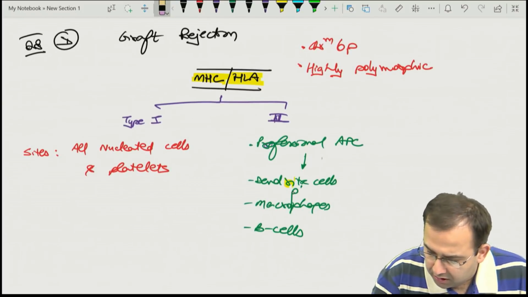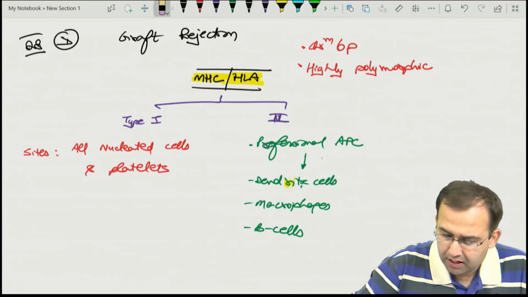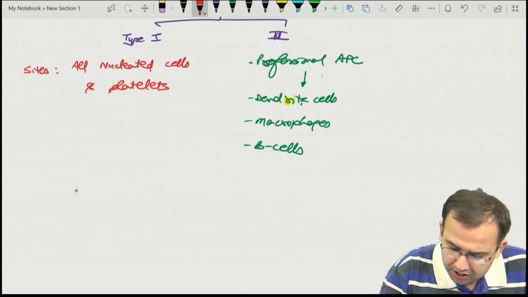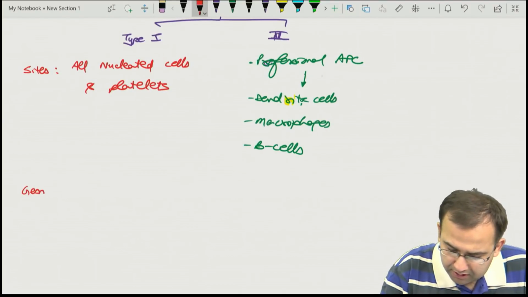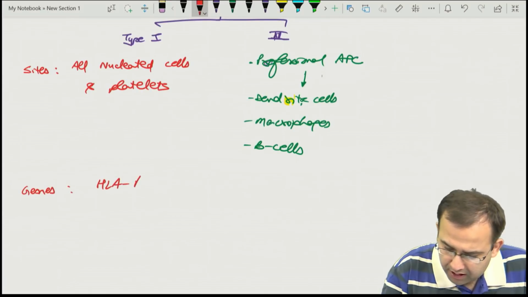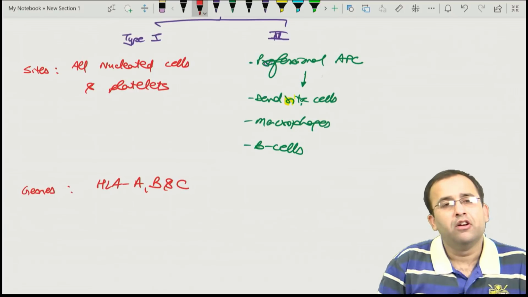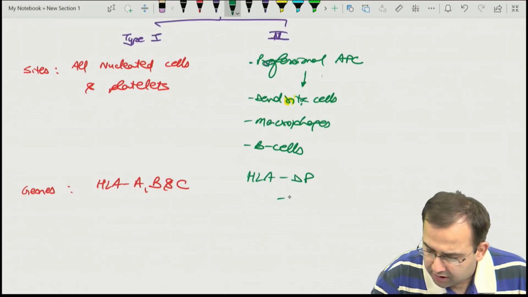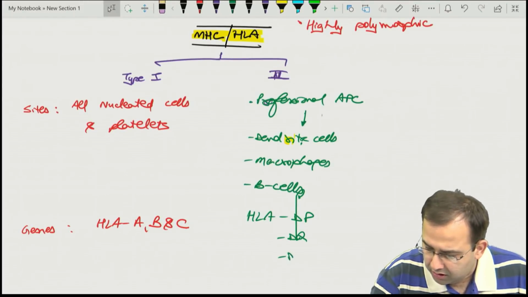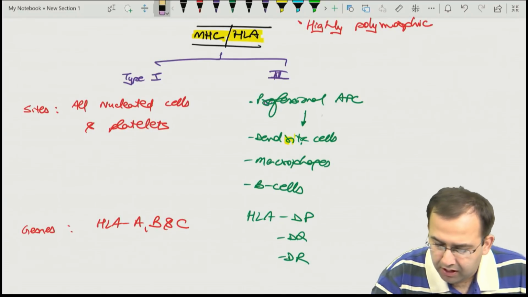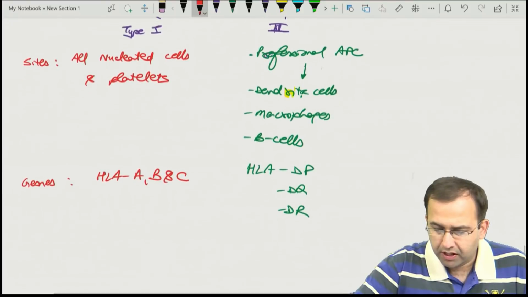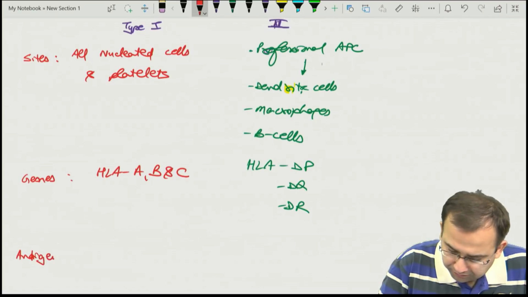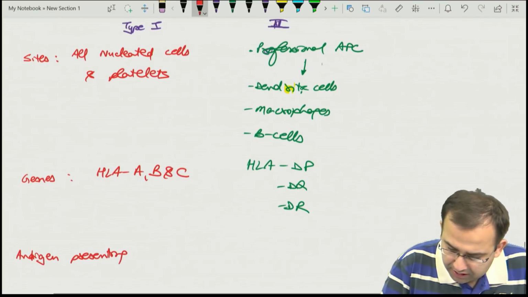Next point, the genes associated. Type 1 MHC is associated with all the single digit genes, that is HLA A, B and C, versus type 2 MHC, which is associated with double digit genes, HLA DP, DQ, DR. Next point, the antigen presenting site.